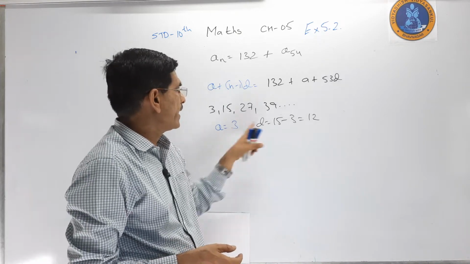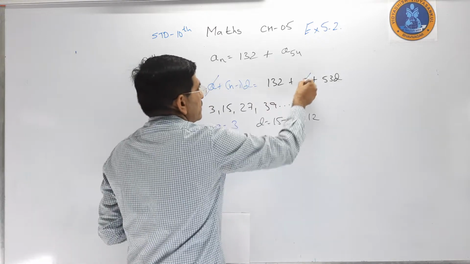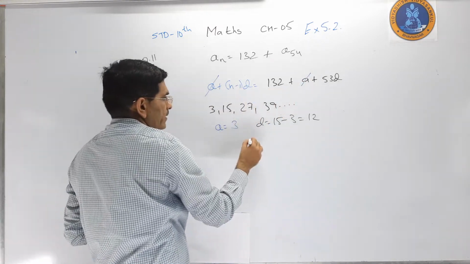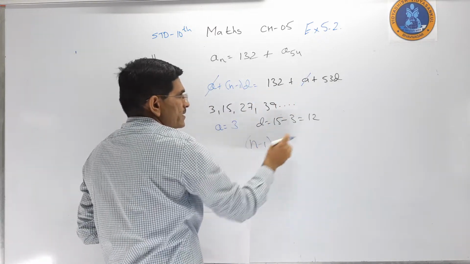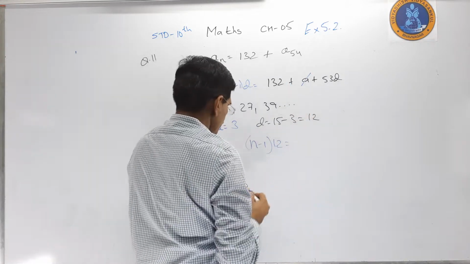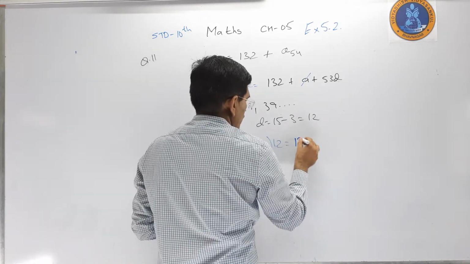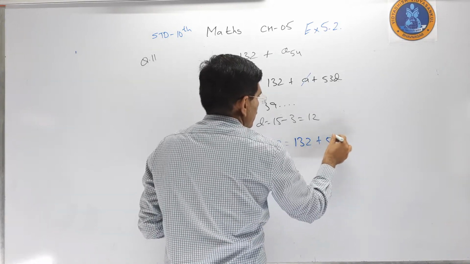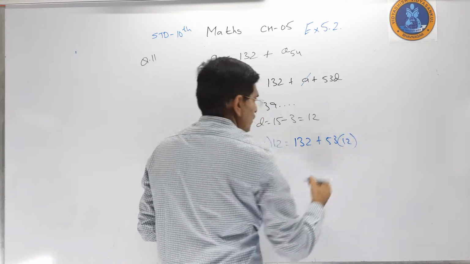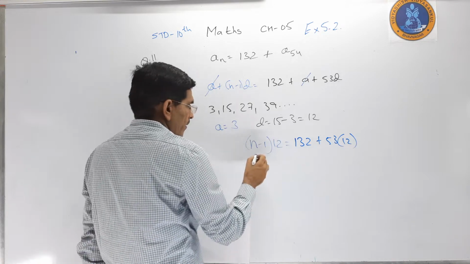Here we have A and here we have A. Now if I cancel this, then n minus 1 times the difference 12 equals 132 plus 53 into 12.